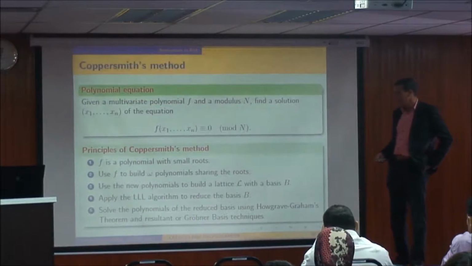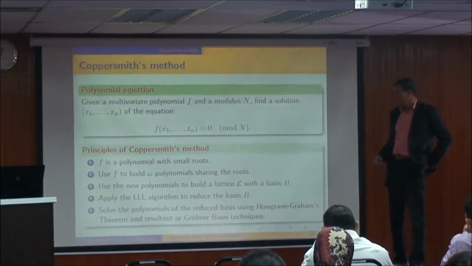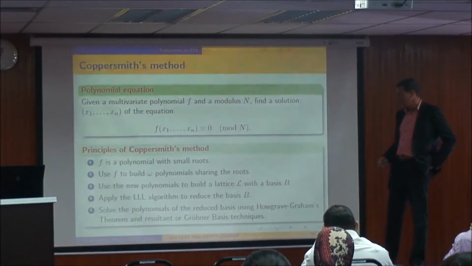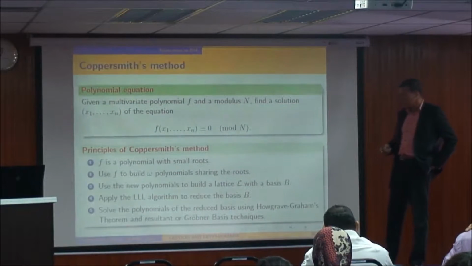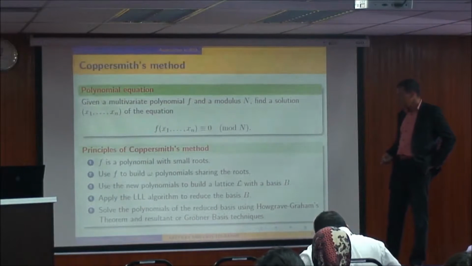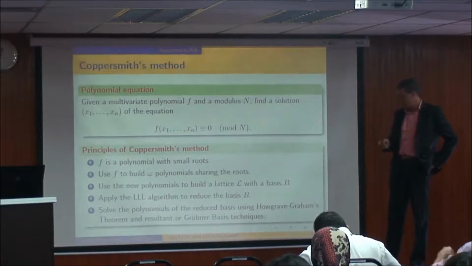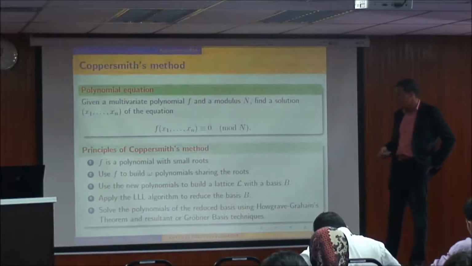We can use the new polynomials to build the lattice L with the basis B, and we can apply the LLL algorithm to reduce the basis B. And after reducing the basis, we can solve some systems, for example, by using resultant techniques or Gröbner basis techniques.